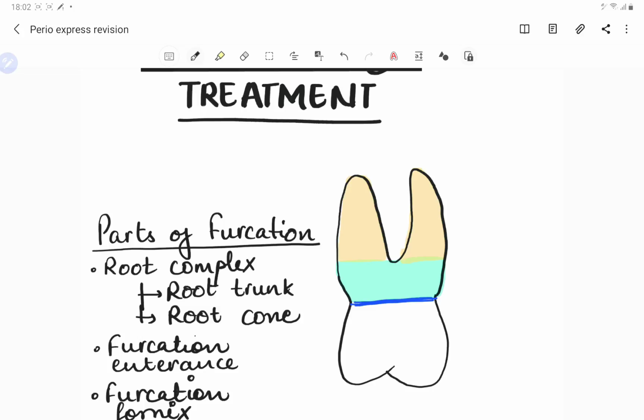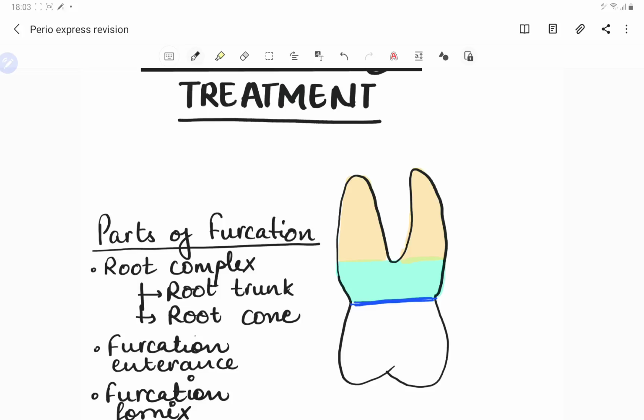So in case we are finding the furcation involvement in any teeth, that means the teeth has progressed to the advanced stages of periodontitis, and it potentially leads to a less favorable prognosis for the teeth which is affected. Now it again depends on certain etiological factors, like how is the anatomy of the root, how is the root trunk, how is the root length.